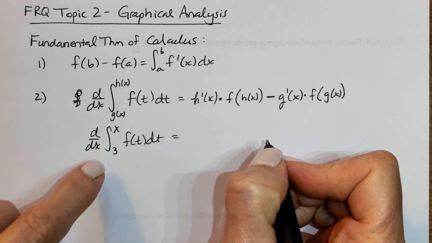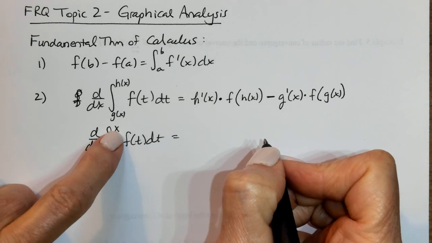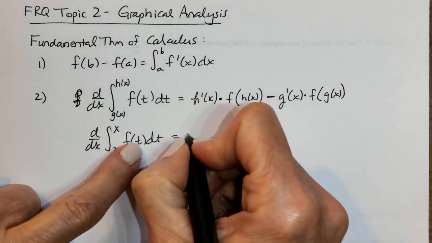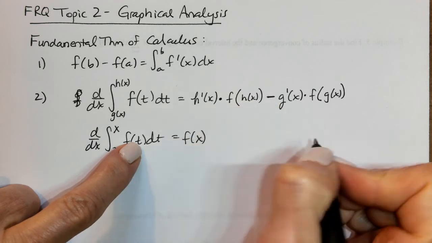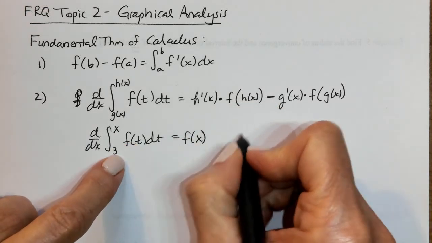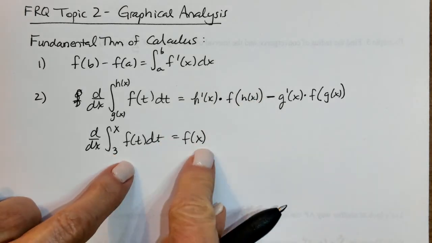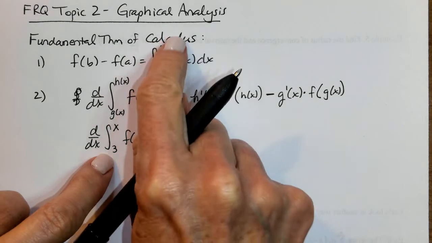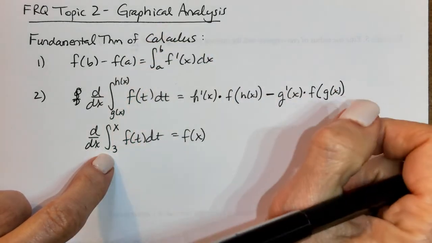This only works if you're taking the derivative of an integral. The derivative of x is just 1. Replace t with x, minus the derivative of 3 is 0. So this will be just f of x. And we see this version a lot in these types of problems.